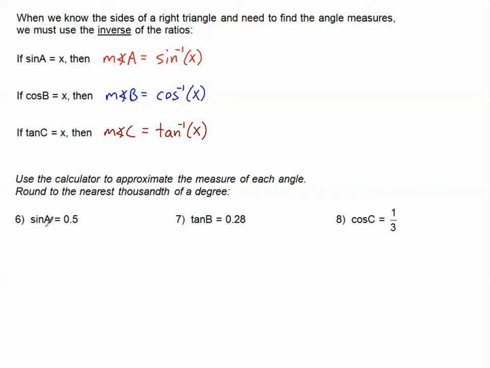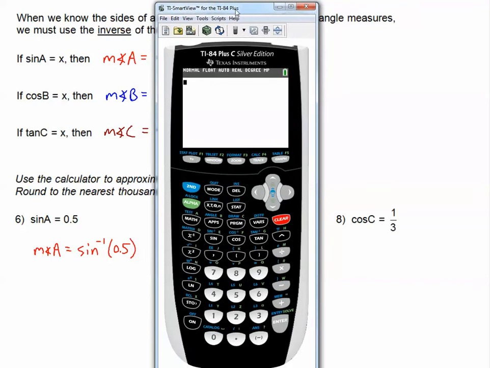If the sine of some mysterious angle A is equal to 0.5, then we know that the measure of angle A is equal to the inverse sine of 0.5. And we just need to plug that into the calculator. So let's pull up our calculator. The inverse sine is this blue symbol above the sine button.